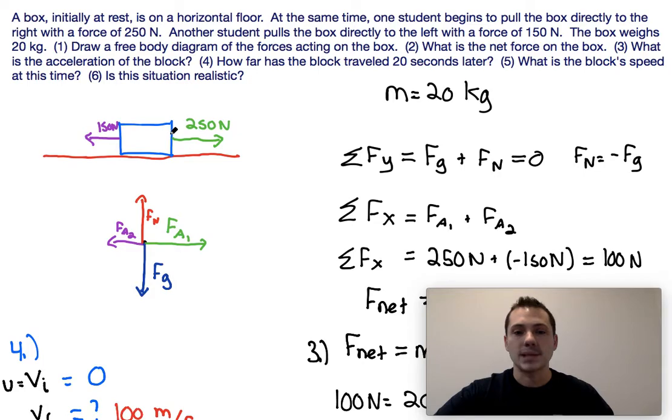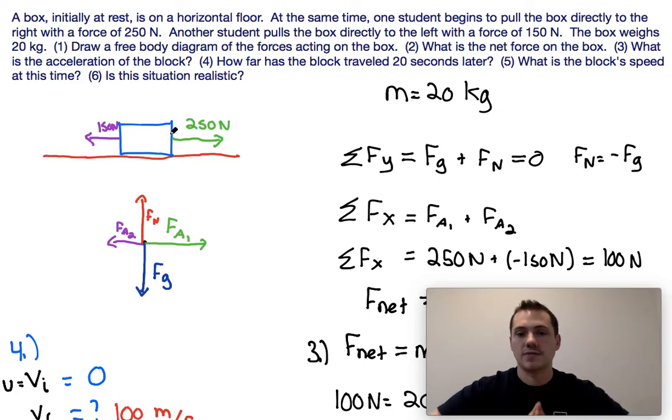So what we first want to do is ask ourselves, is the force that the students are exerting on the box realistic? All right, so one student is pulling with a force of 250 newtons. The other student is pulling with a force of 150 newtons. A good way to check yourself if that's realistic is how many kilograms would someone be picking up?